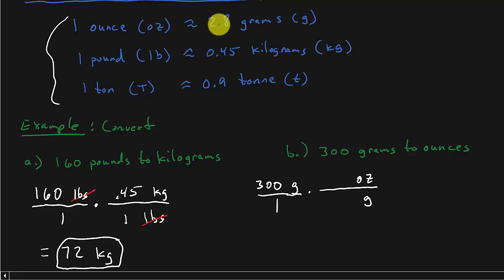We've got ounces and grams. I know 1 ounce is 28 grams. Once we punch that into the calculator, you get 10.7 ounces, and there's your answer.